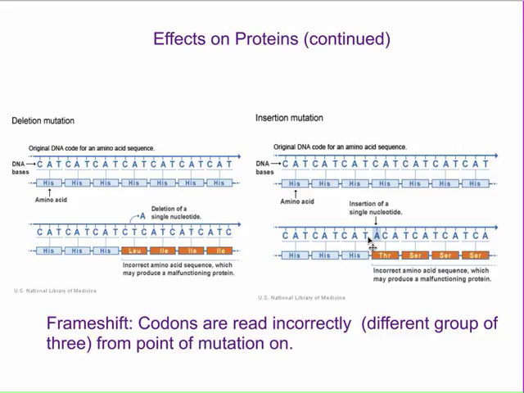So where it was CAT, it should have been here CAT, but now it's going to be ACA, which creates a different amino acid, TCA, TCA, TCA, which creates a different amino acid. And that's going to affect the entire rest of the chain. So all of the codons from the point of mutation on are read incorrectly, and it has a massive effect on the protein that's made.